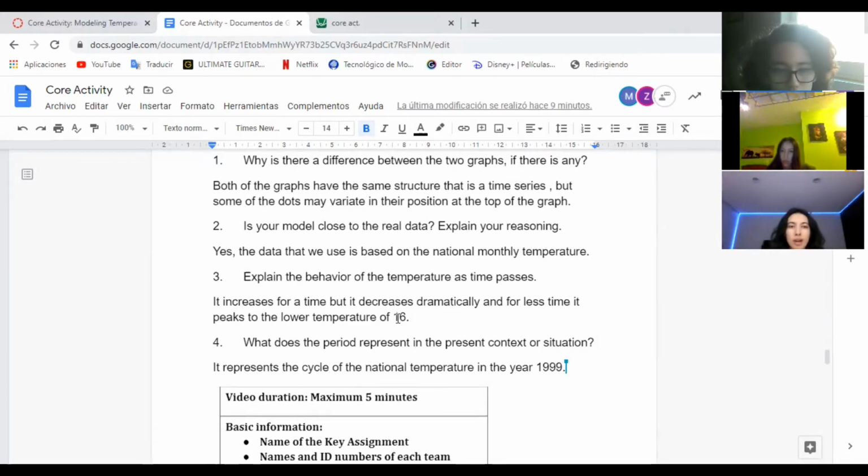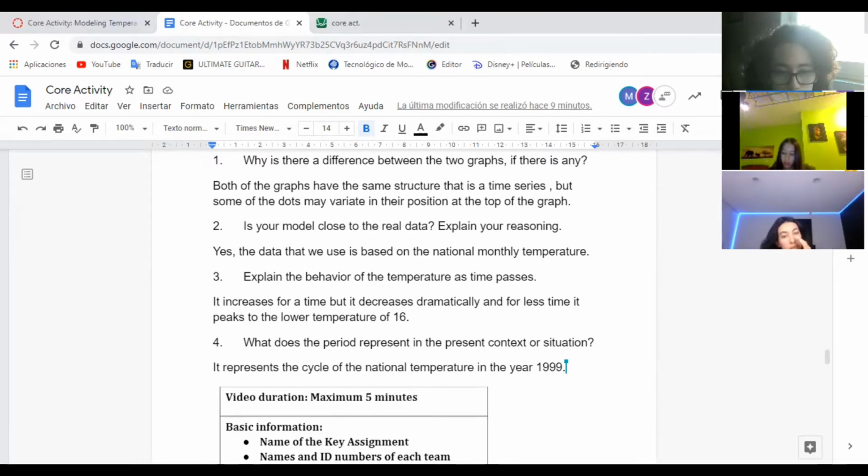Our conclusions are that both of the graphs have the same structure, that is a time series, but some of the dots may vary in their position at the top of the graph, and that the data that we used is based on the national monthly temperature.